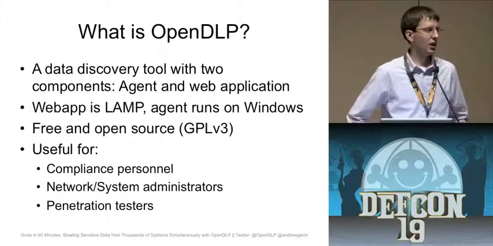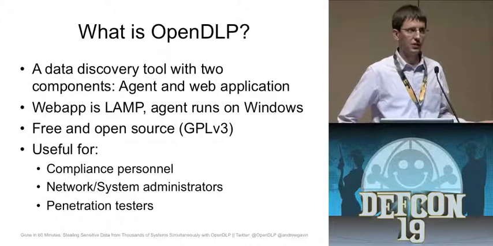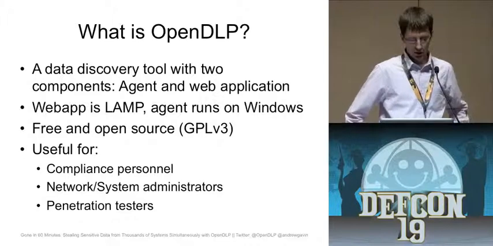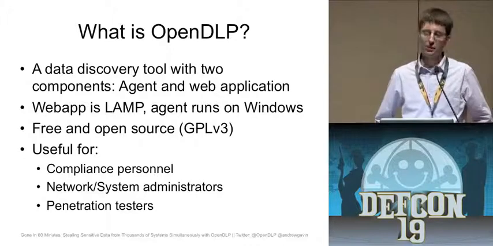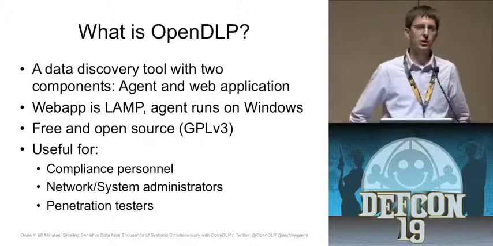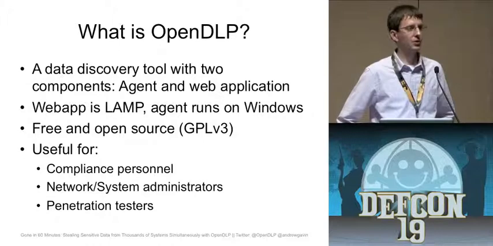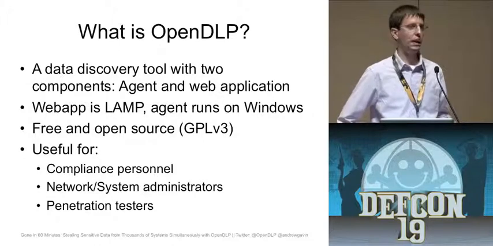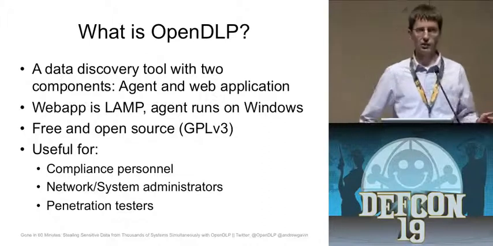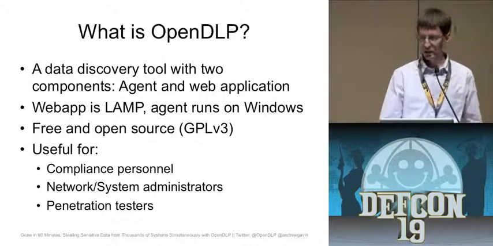So if you're a PCI guy, you want to find out where your PCI data is, you would want to use this. It's also good for proactive network and system administrators, because we all know they are proactive, right? And then finally, the coolest thing: I'm a pen tester, so I really wrote this for myself. I use this after I get domain admin, and then I just let this thing rip on the entire network, and it's pretty cool.